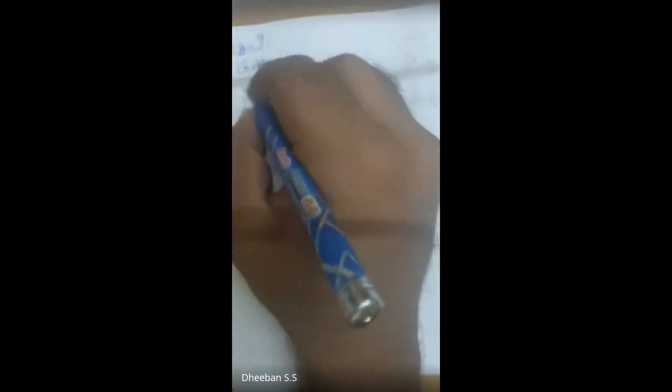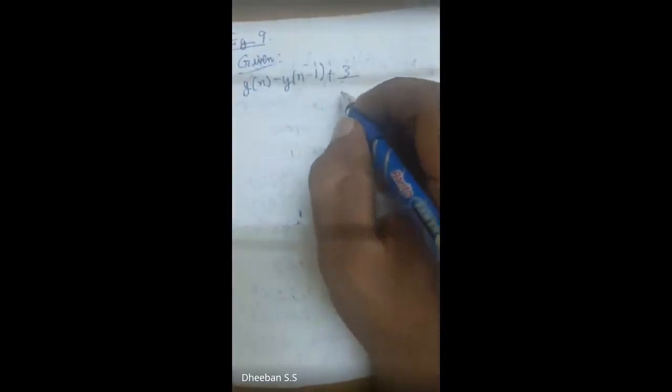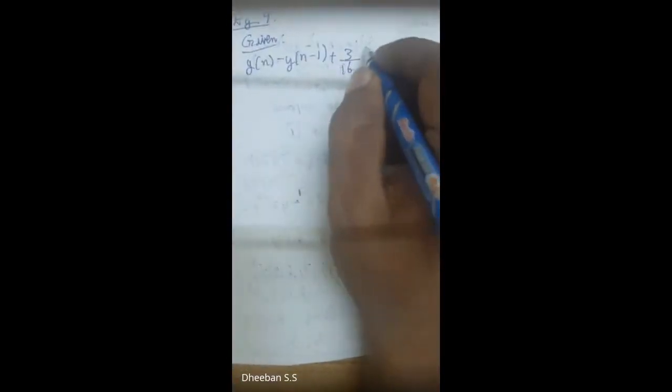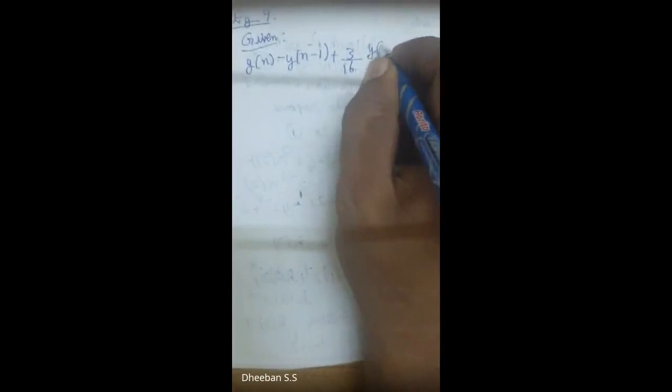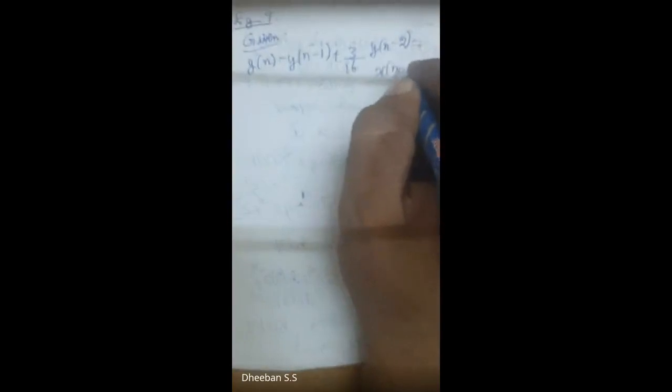Given y of n minus y of n minus 1 plus 3 by 16 y of n minus 2 equal to x of n minus 1 by 2 x of n minus 1.